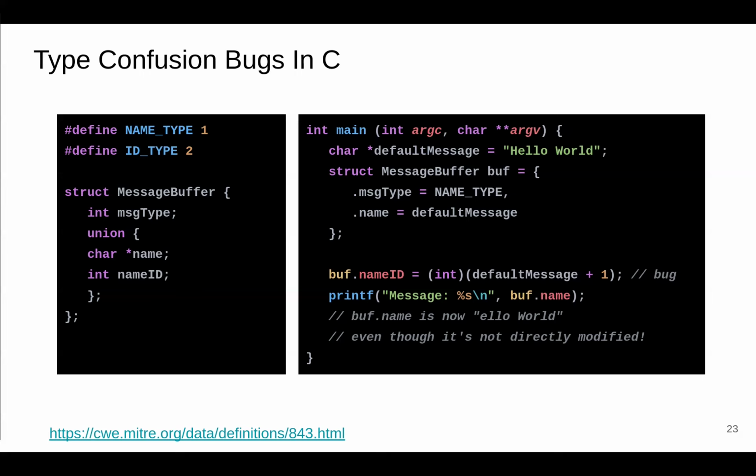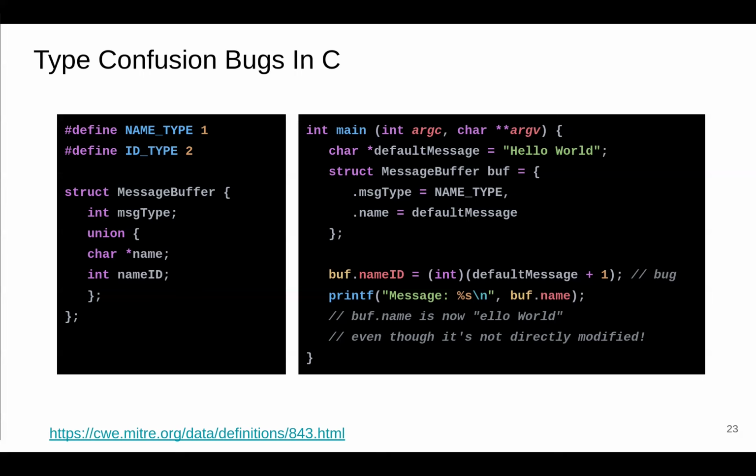The union tells the compiler that anything in here is always using the same memory slots. So we have one 4-byte memory slot, and we're assuming a 32-bit system for the moment. We have one 32-bit slot for message type, and one 32-bit message slot that can be either interpreted as a pointer to a string or as an integer.